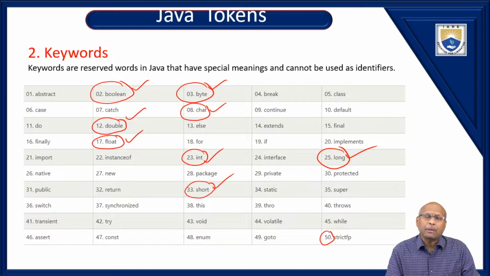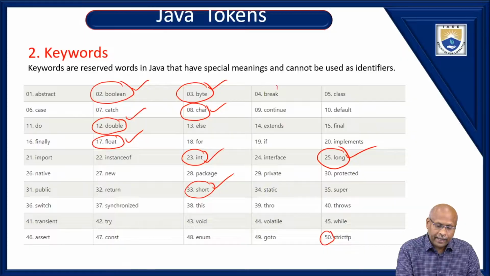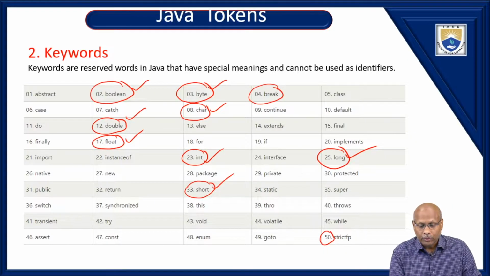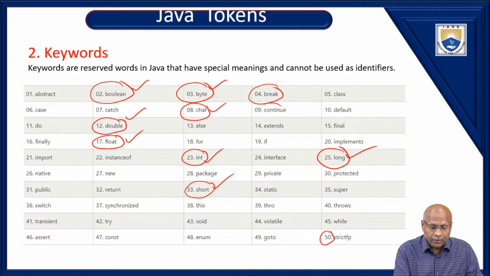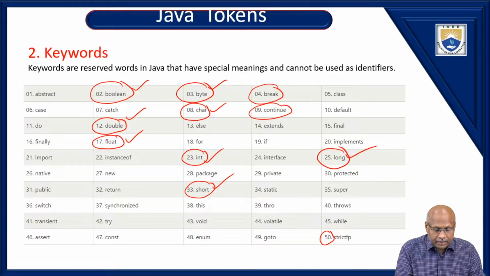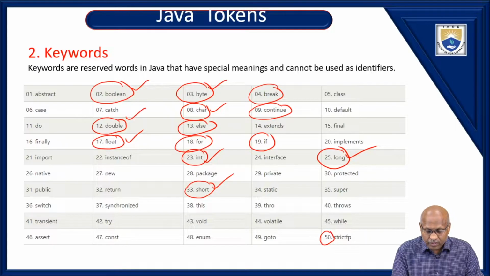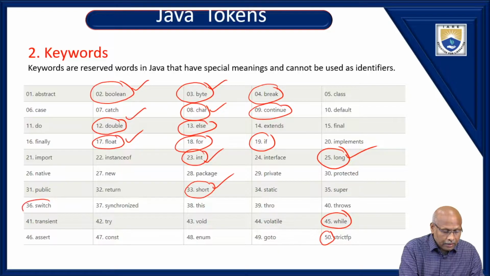Like this, you will find a set of keywords related to control flow statements. For example, break is a keyword related to control flow. Similarly, continue is a keyword related to control flow. Similarly, there is a keyword called if, a keyword called else, a keyword called for, a keyword called while, and a keyword called switch, a keyword called case.